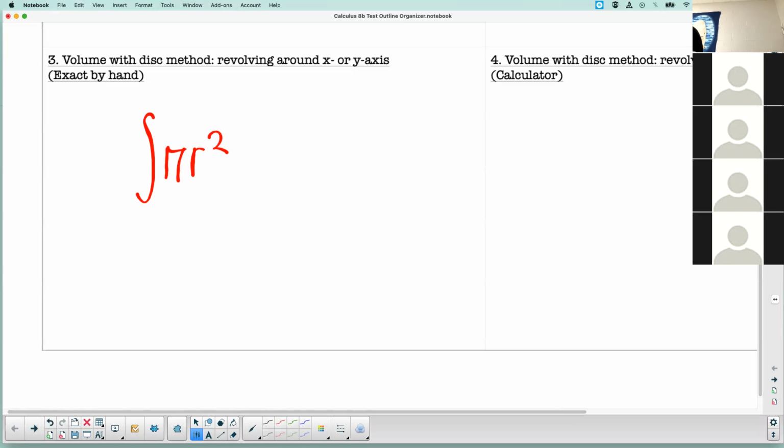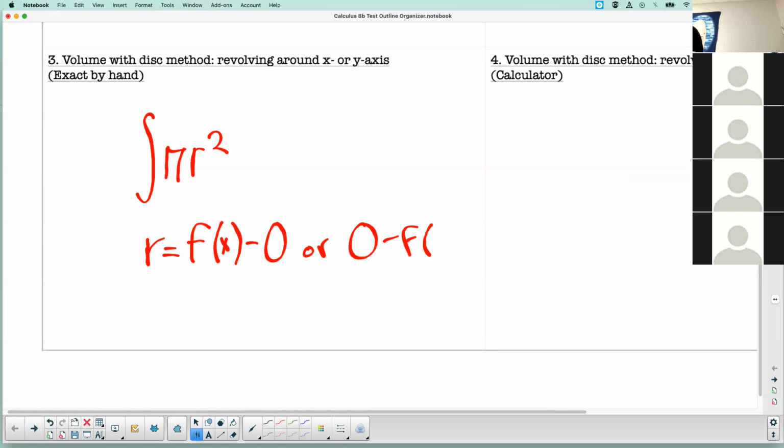So underneath that formula, let's put r equals. Now, it can either be f of x minus 0 or 0 minus f of x. And that depends on where it is.